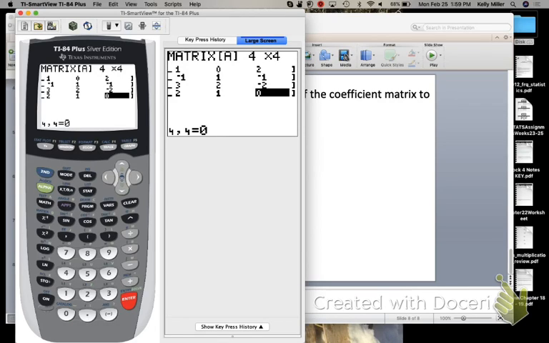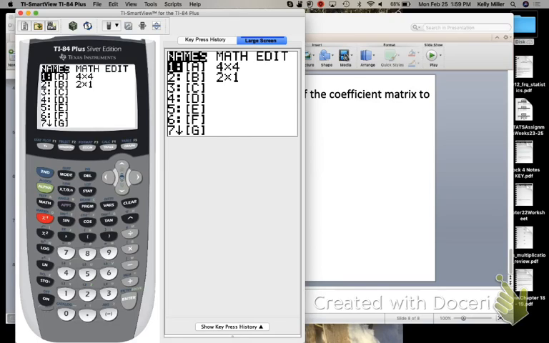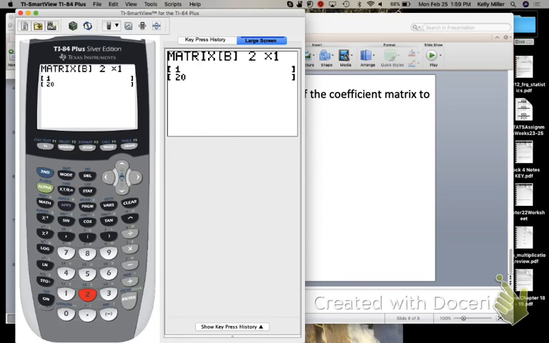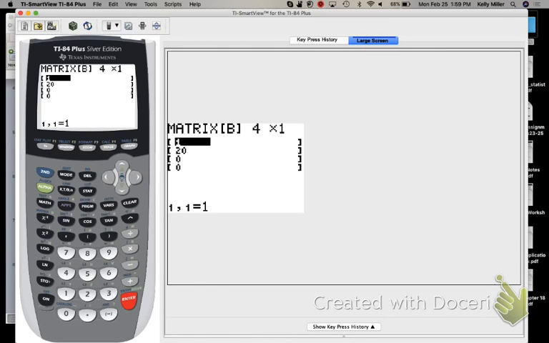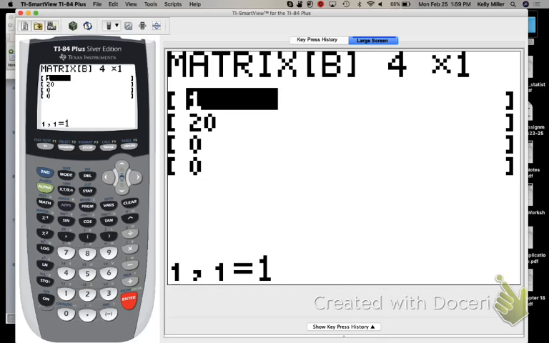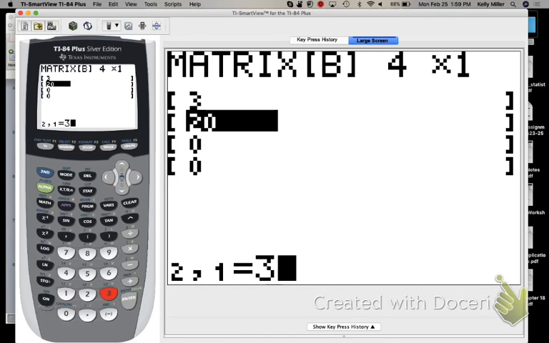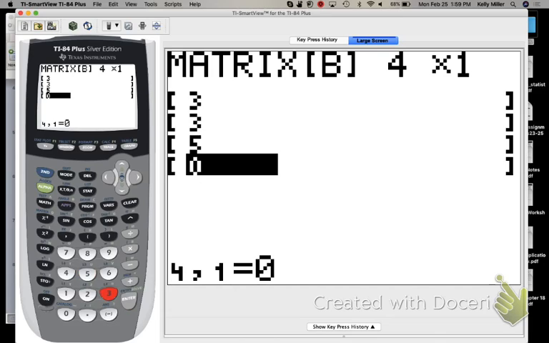And then you would go into your matrix B and turn that into not a 2 by 1, but a 4 by 1. Make this bigger. Which would be 3, 3, 5, 3. And then second quit out of there.